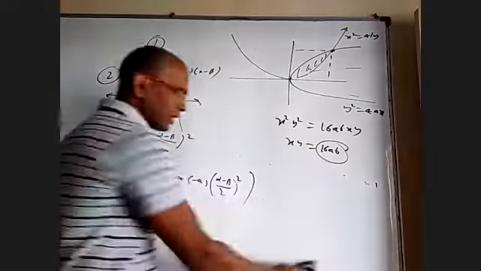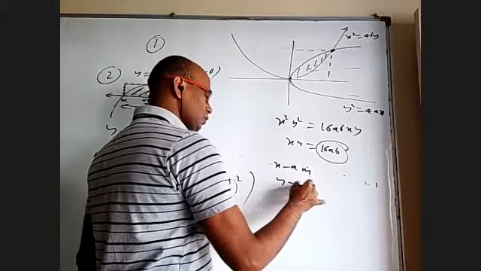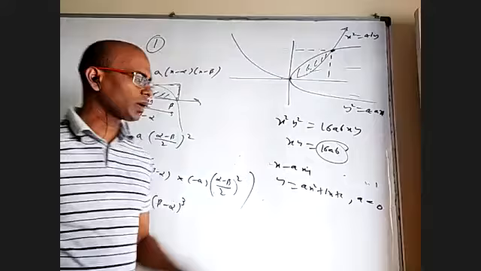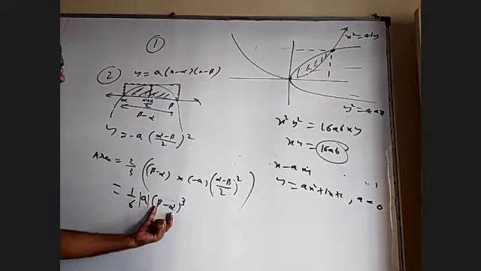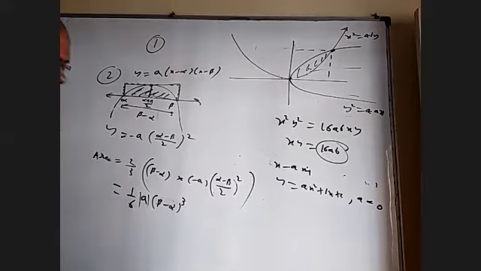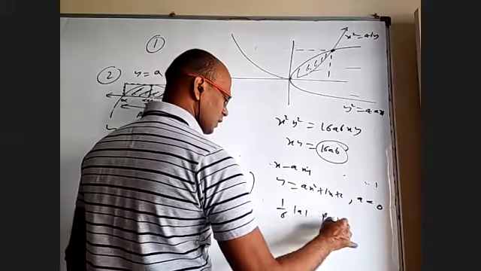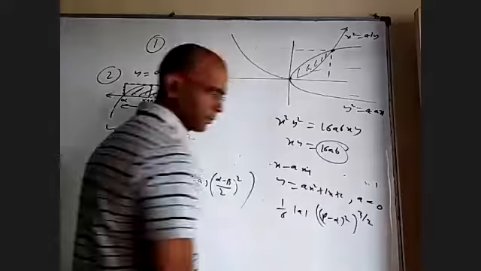So sometimes you'll find a question with the x-axis and y equal to ax square plus bx plus c, where a is negative. What is the area bounded by them? It is same as this. Only thing is that beta minus alpha has to be written in terms of a, b and c. You know very well that 1/6 mod a, beta minus alpha whole cube can be written as beta minus alpha whole square whole power 3 by 2.